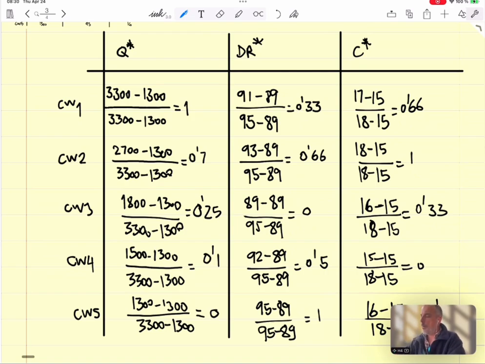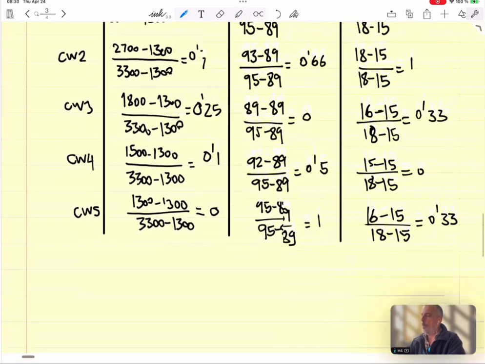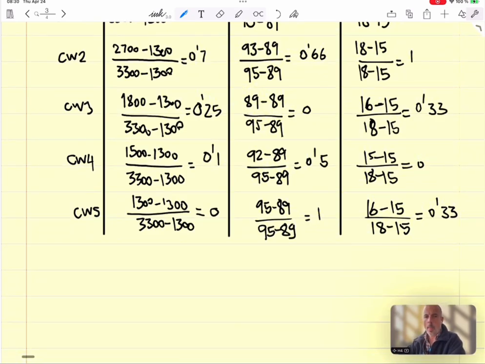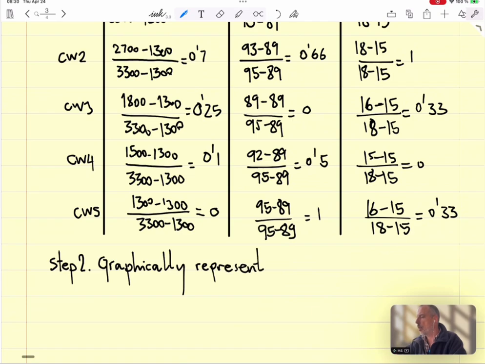So the second step: we need to graphically represent this, our goal, the organizational dynamics.